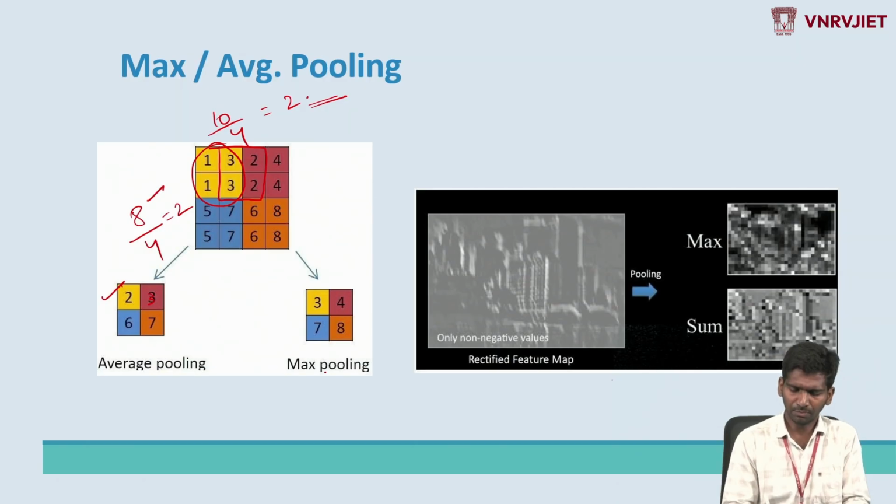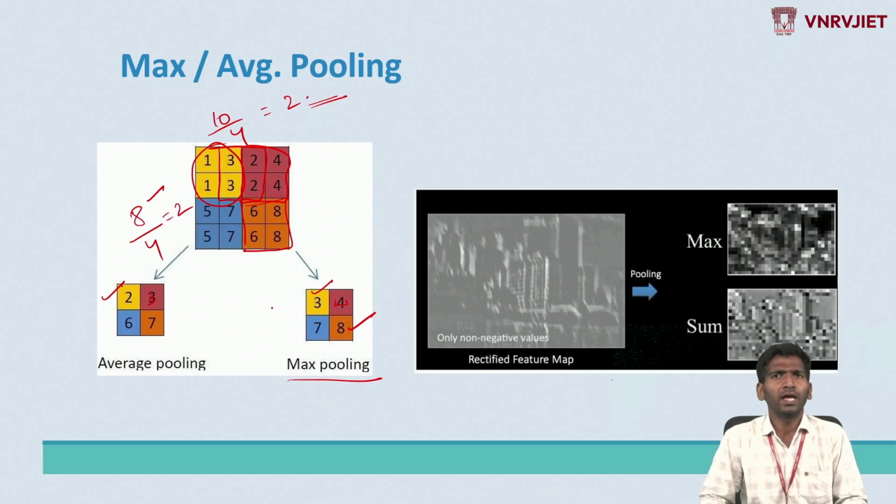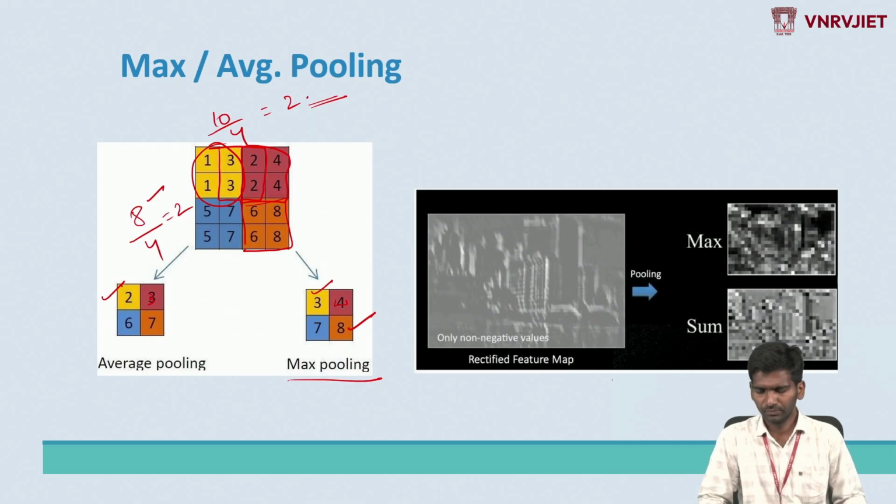If you are taking max pooling, the maximum value will be displayed here. With stride equal to 2, the maximum is 4, and for this one it is 8. In this way, pooling will happen: max pooling, min pooling, and average pooling.